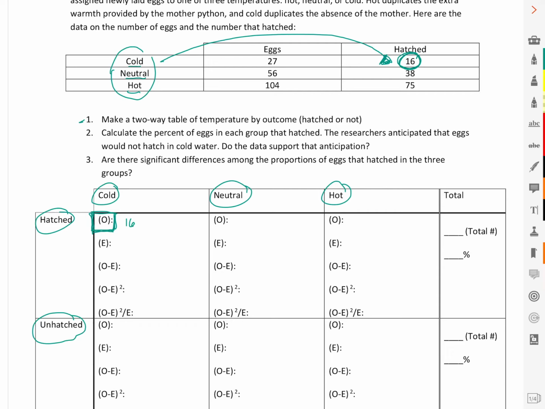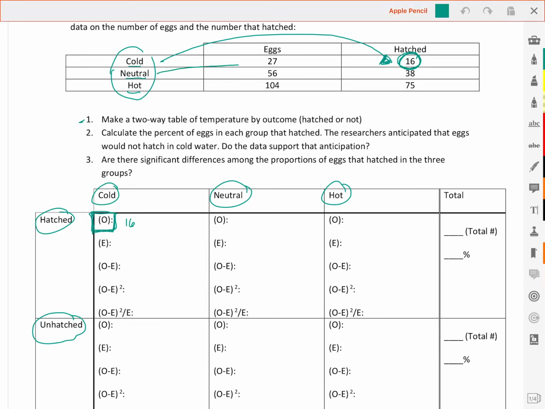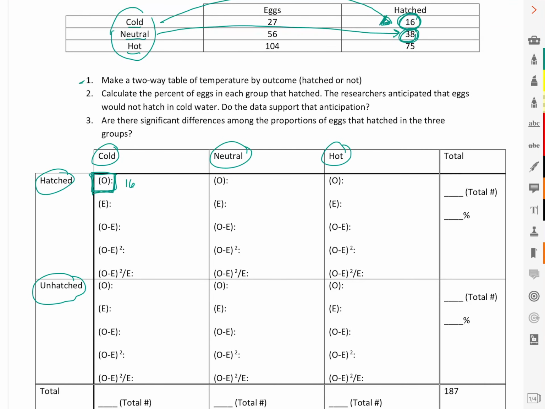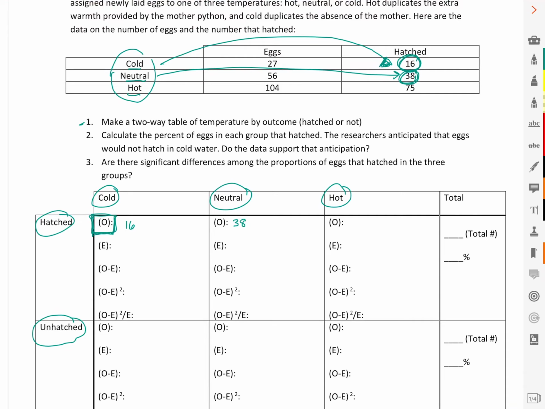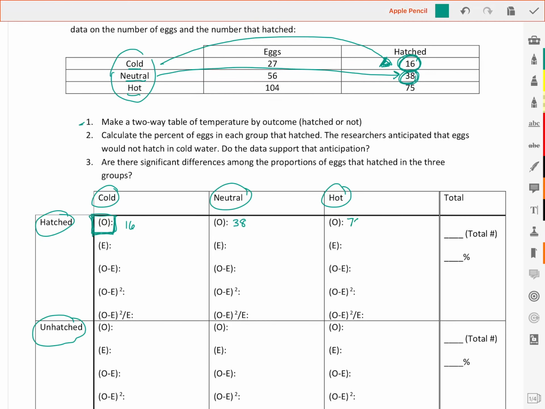Second, we want to know how many of the neutral eggs hatched. So again, we start with our neutral, we go over to the hatched, and we find that 38 of our neutral eggs hatched. So our observation there is 38. Next, our hot hatched. We do the same thing, go over, and we find that 75 of our hot eggs hatched.